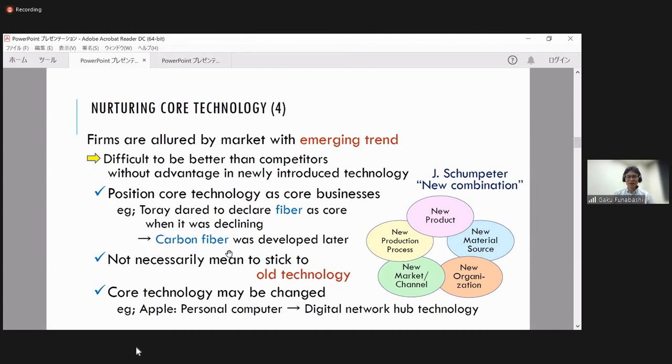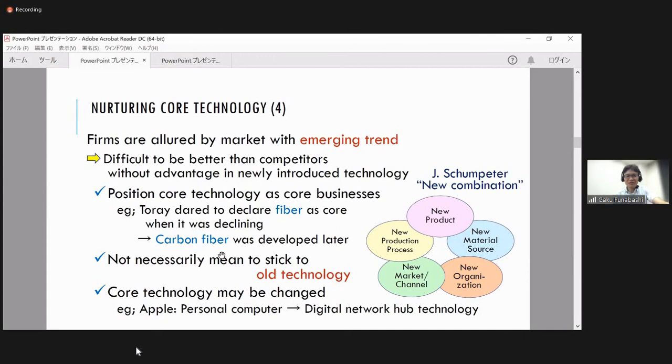And as I explained, carbon fiber is now used even for the body of the aircraft, or for building bridges. So it was good that they stuck to this core, because later they developed really valuable products.